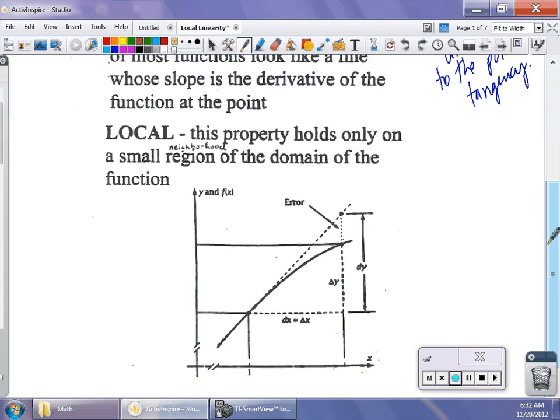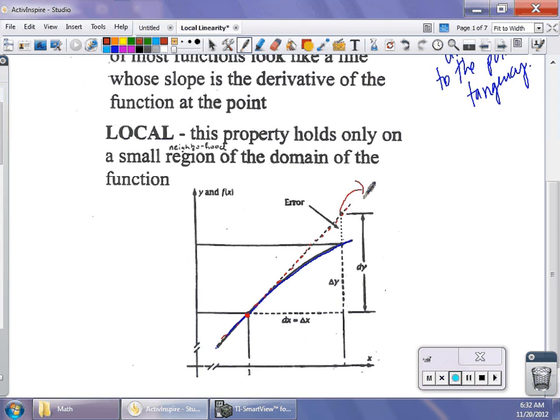So for example, if you take a look at the curve that I have here, I'm going to try to trace this in blue. So there's the given curve, and what you see dotted here is a tangent line. The point of tangency is here.